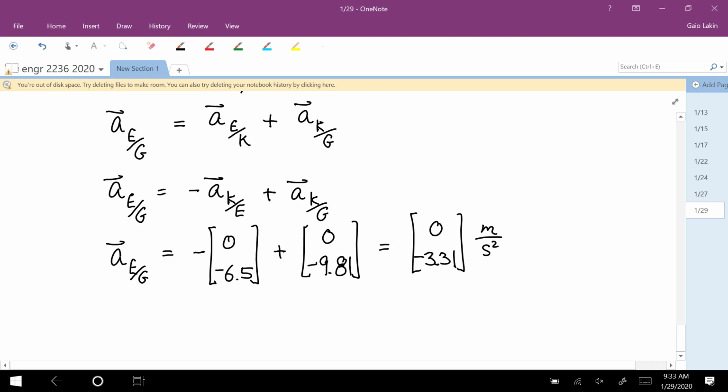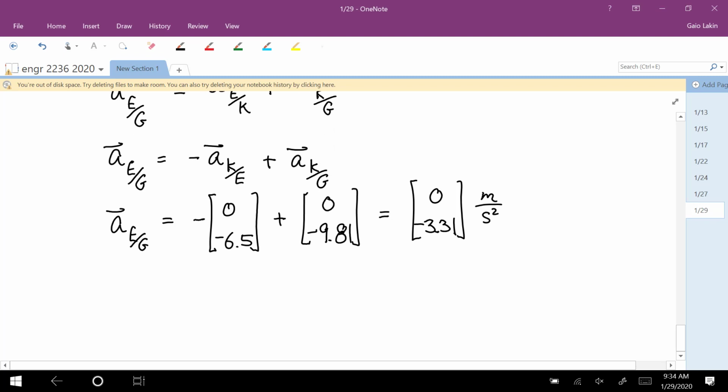Relative motion and circular motion work together really naturally with rigid bodies.